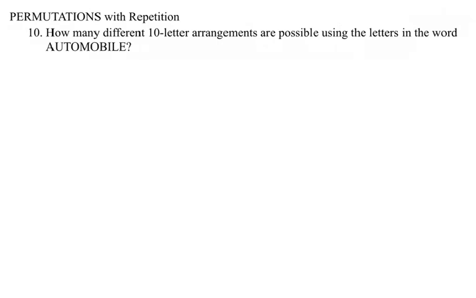So now we're going to look at permutations with repetition. If you look at the word automobile, notice that the letter O appears twice. That's what I mean by repetition. So how many different 10-letter arrangements are possible using the letters in the word? There are 10 letters, but I'm only going to choose 8.